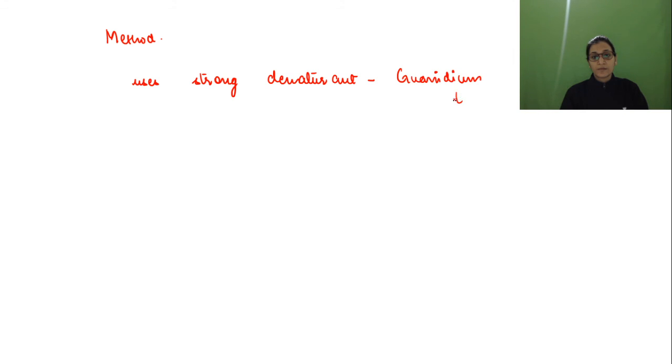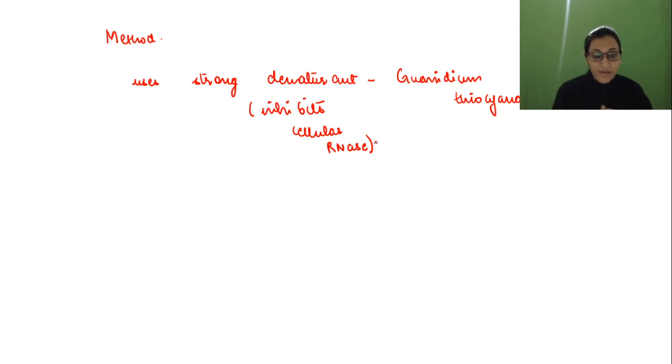The method uses a strong denaturant, that is guanidinium thiocyanate, and it actually inhibits cellular RNases. This is the thing. Now we'll be seeing the flow diagram of this method.